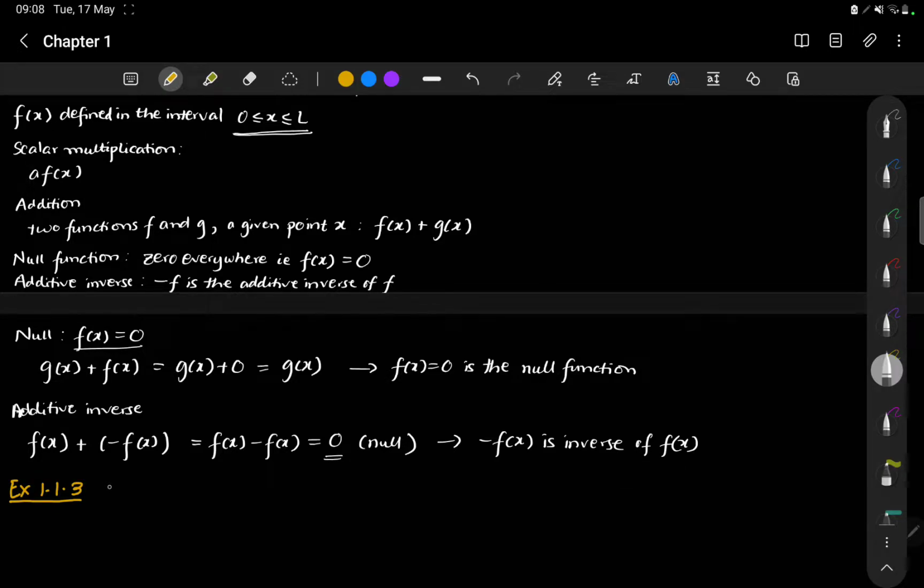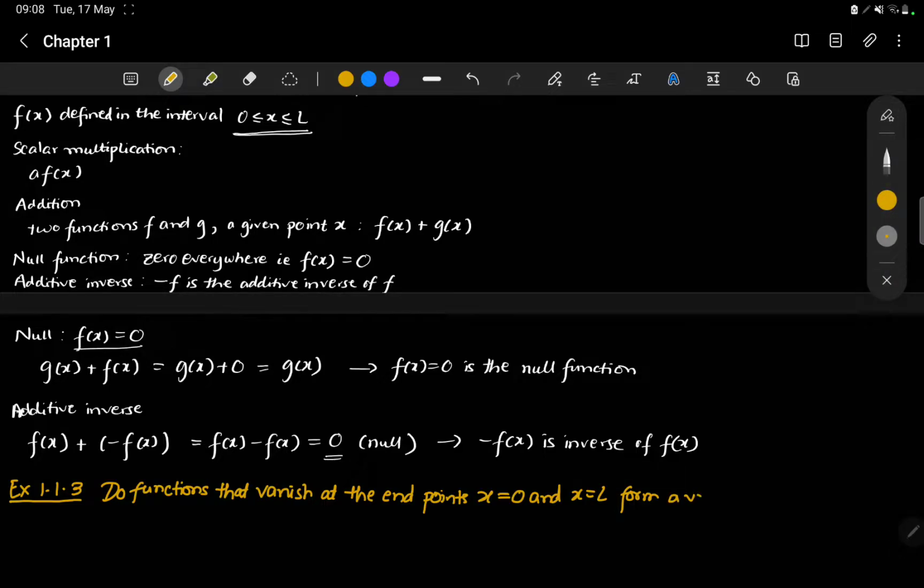So the question says, do functions that vanish at the endpoints, what are the endpoints of this domain? x equal to 0 and x equal to L, form a vector space.